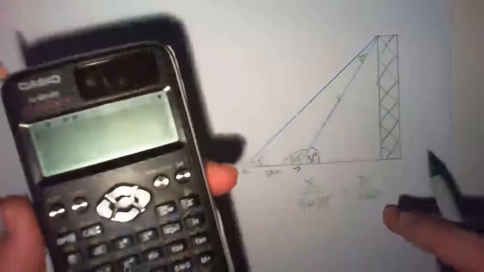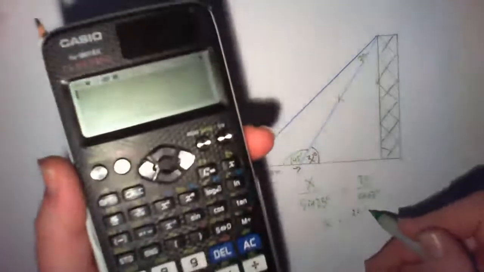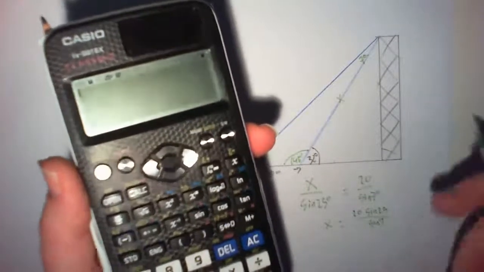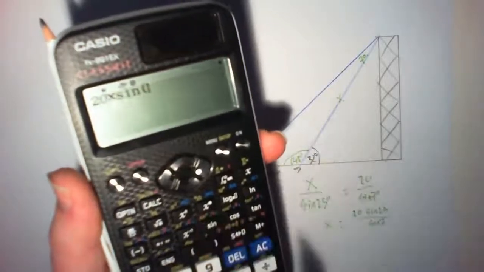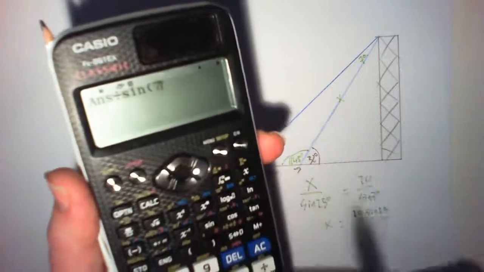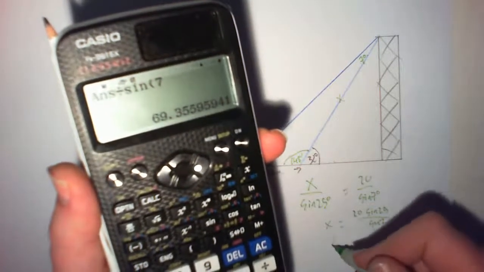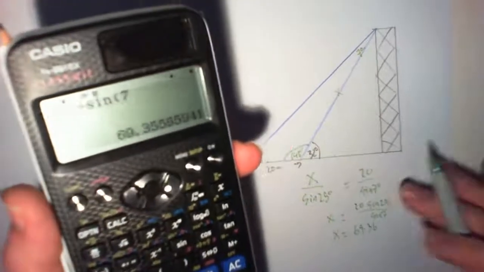So what are we looking for here? We're looking for x, which is going to be 20 sine 25 over sine 7. It's going to be a big enough number. 20 by the sine of 25 divided by the sine of 7: 69.36. So now I have the hypotenuse.